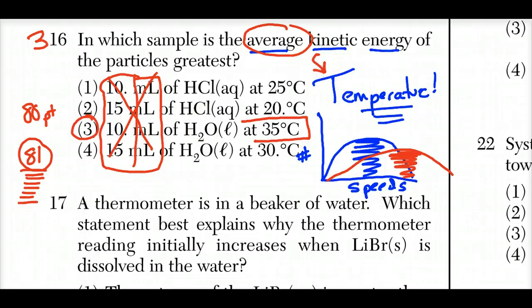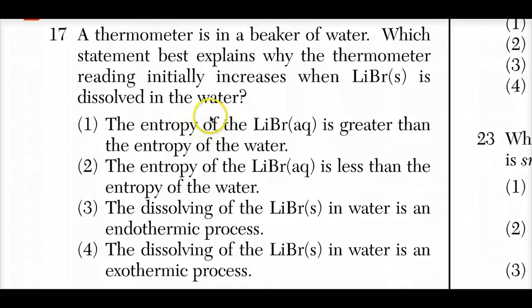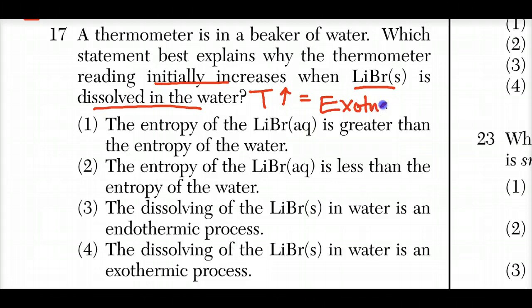Number 17. A thermometer is in a beaker of water. Which statement best explains why the thermometer reading initially increases when LiBr solid is dissolved in water? Well, if the temperature is increasing, that means to me that it's an exothermic reaction or process. Why do I know that?